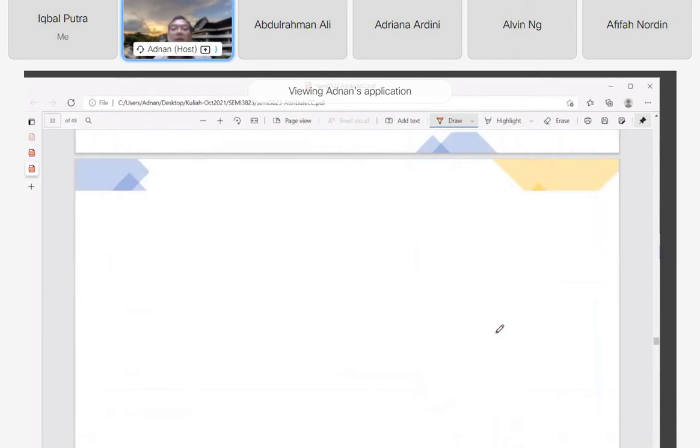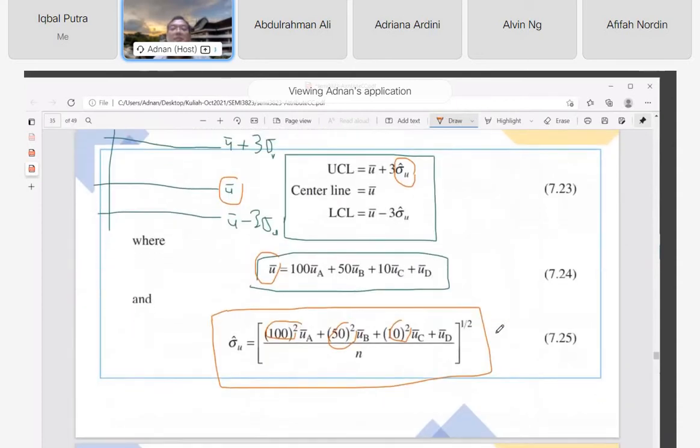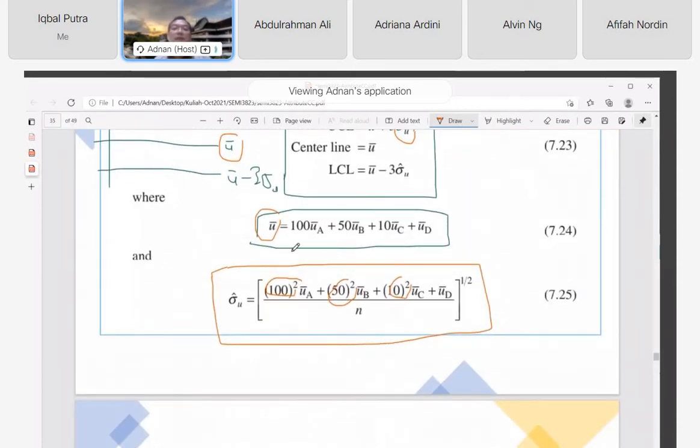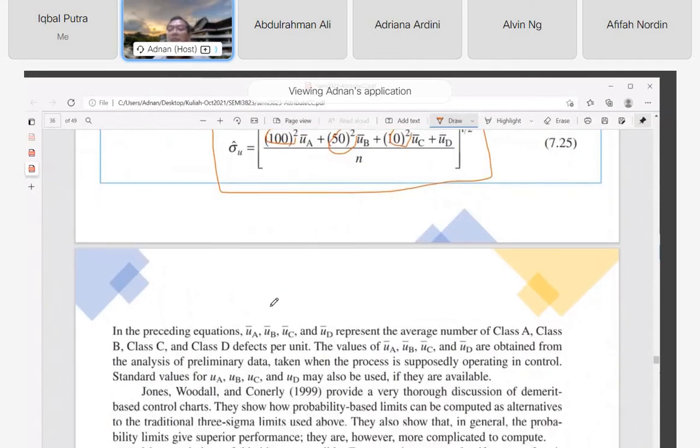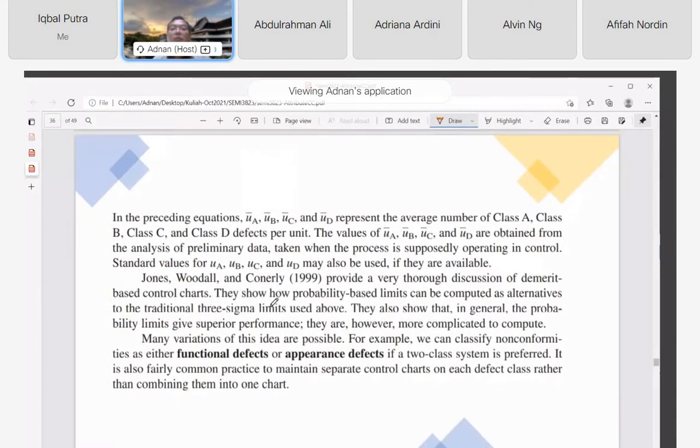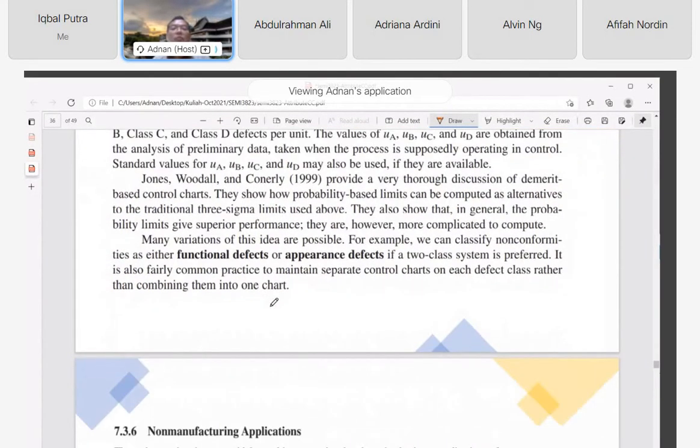So jadi we use this dalam giving the weightage, to get the central line dan juga the sigma.